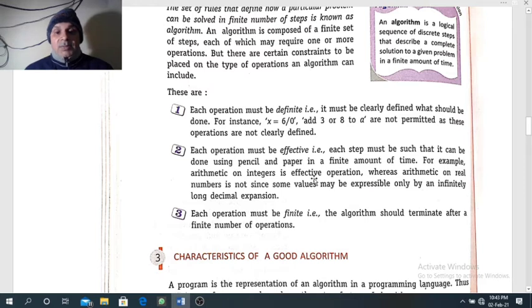Each operation must be effective. That is, each step must be such that it can be done using pencil and paper in a finite amount of time.